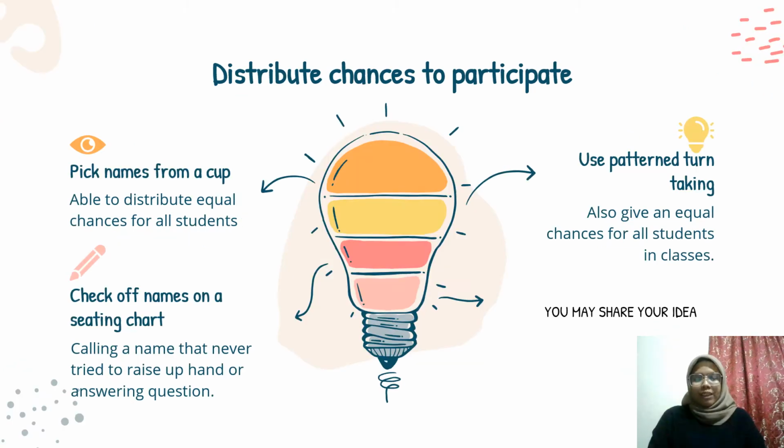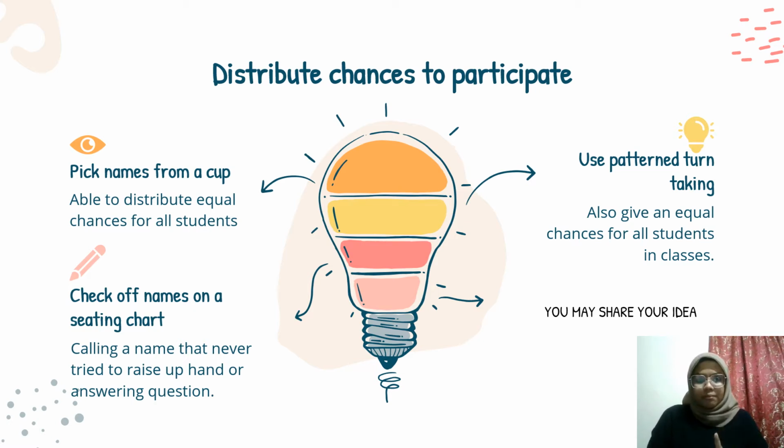Okay? The first step in implementing effective recitation in the classroom is by distributing equal chances for student participation. So here I provide you some tips on how to distribute equal chances for student participation. We as pre-service teachers should be aware of student participation in our classroom. Okay?